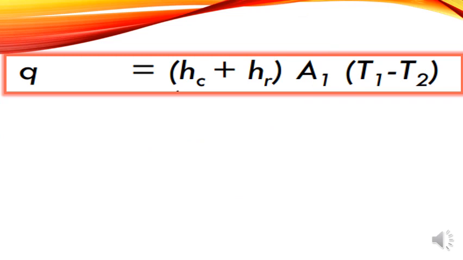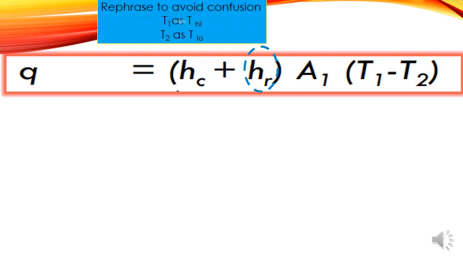This is the main equation to determine the heat transfer due to the combined convection and radiation. However, the HR term here also consists of T1 and T2 terms. So in order to avoid confusion between the T1 and T2 terms in the HR parameter and the T1 and T2 terms in the main equation, I strongly suggest that we replace the T1 and T2 terms in HR with this term.